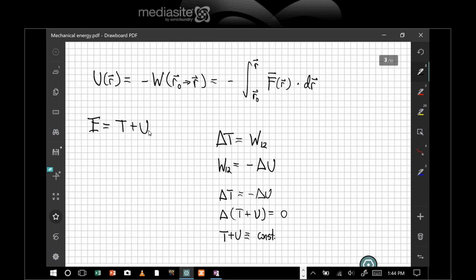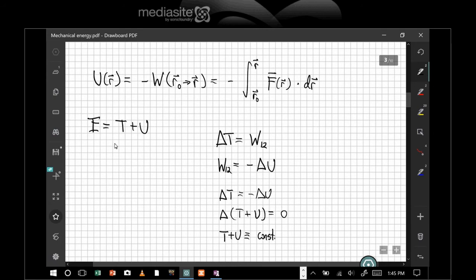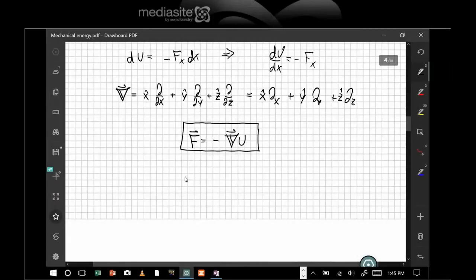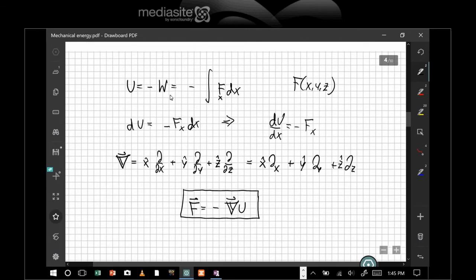You didn't talk about that language in EP1, but one thing you can do in a field is store energy in it, and U is the energy I store in the gravitational field, and it is conserved. So for a mechanical system, mechanical energy is only conserved if there are no non-conservative forces acting on it. Given the potential energy, I can calculate the force by taking the gradient of that.